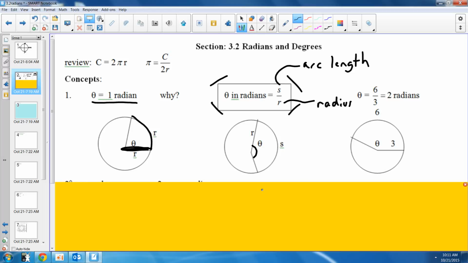When I divide my arc length by my radius, I end up with 1, which means my theta is actually equal to 1 radian. S divided by r is equal to the radian of theta. 6 divided by 3 is equal to 2 radians. That theta is 2 radians.